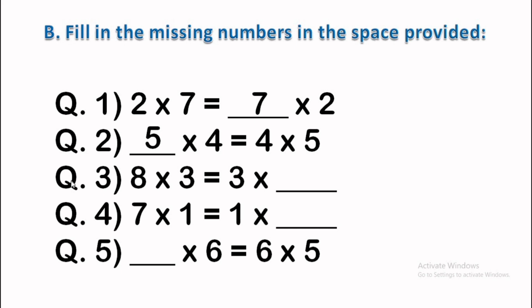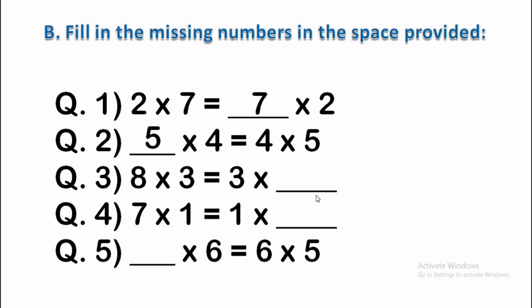Now question number 3. Question number 3 is 8 into 3 equals 3 into blank. So on the left hand side of the equals to we have two numbers, 8 and 3. On the right hand side we have 3 and another number is missing.